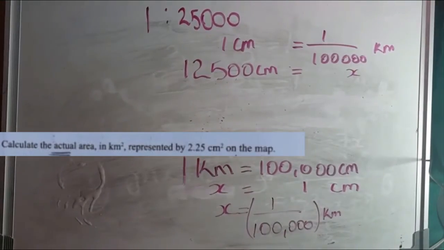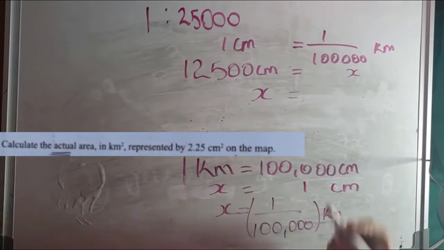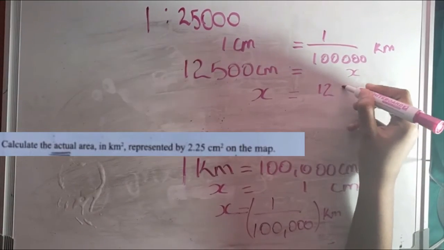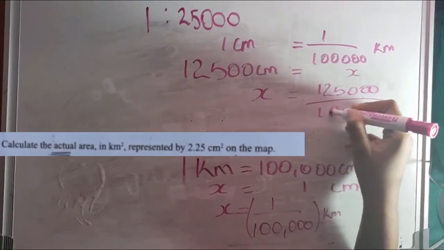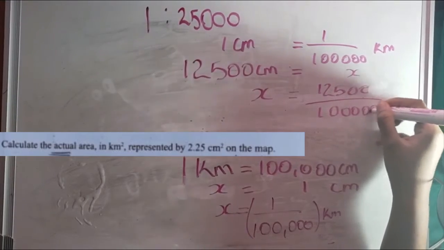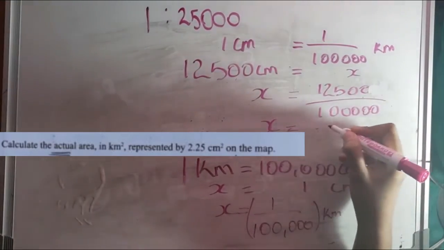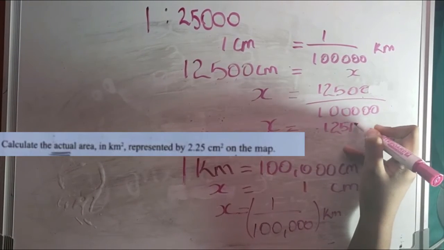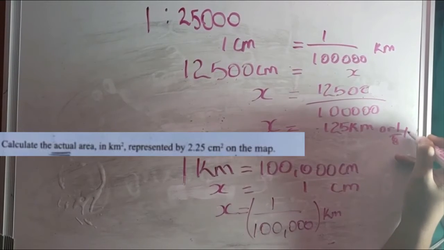This is going to be your final answer. So x is equal to 12,500 divided by 100,000. X is going to be equal to 0.125 km, or 1 over 8 km.